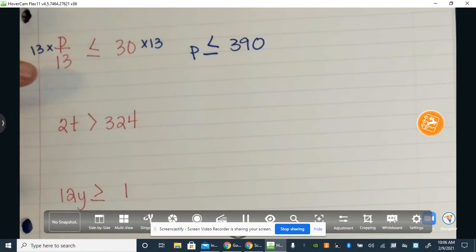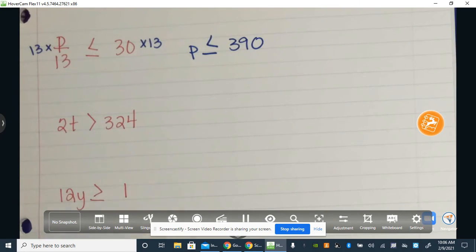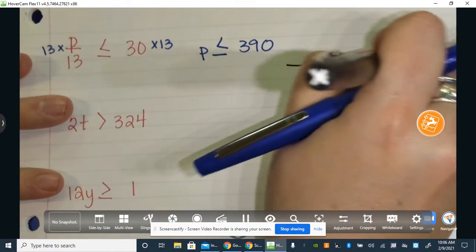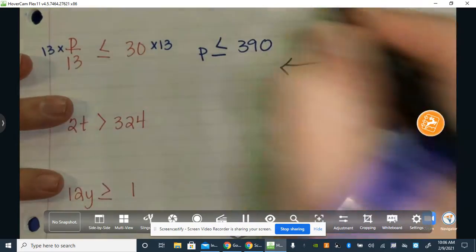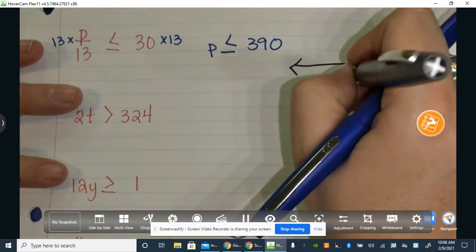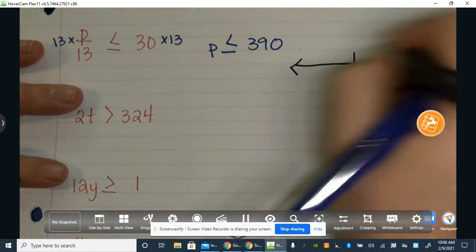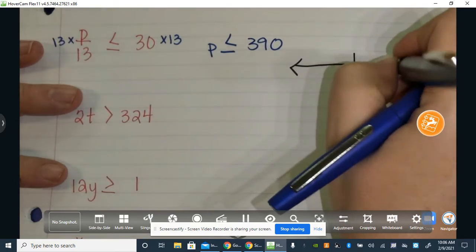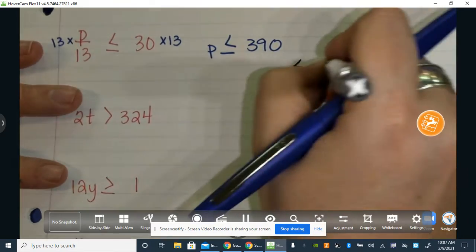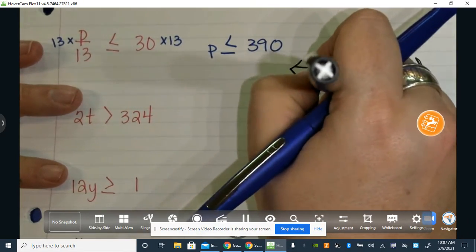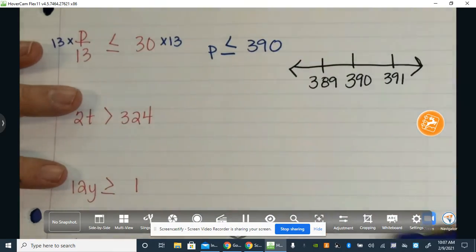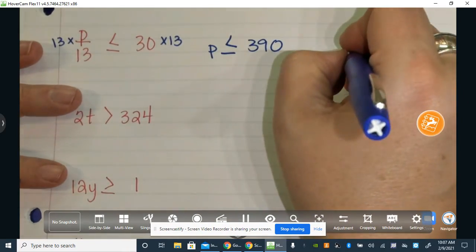So then I'm going to graph this, and remember, graphing is easy. I just start off with a blank number line. I must have 390 on it, so I'll put 390 in the middle. I always go one up and one below, so 391, 389. Okay, so I'm going to have a circle at 390.